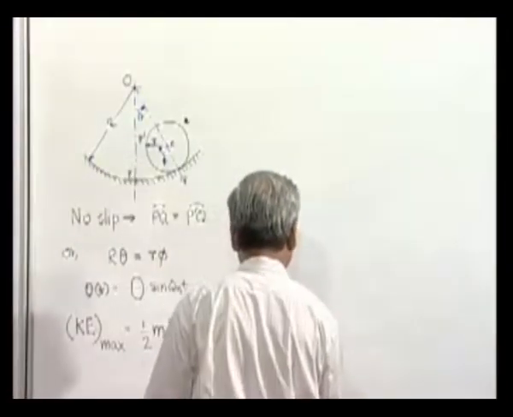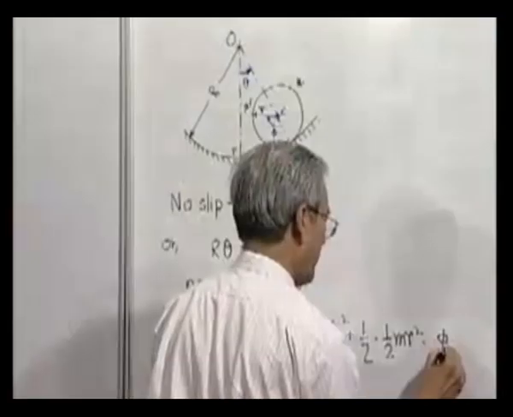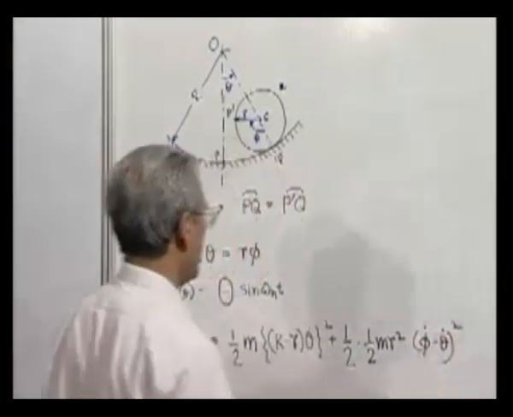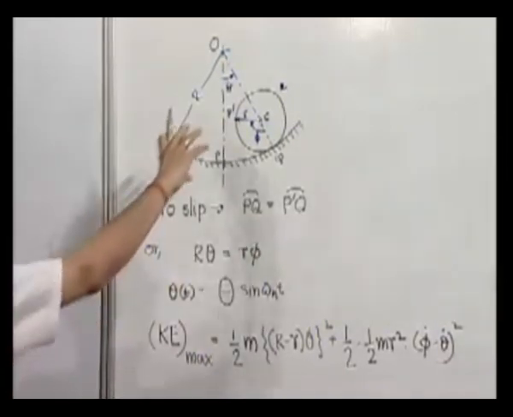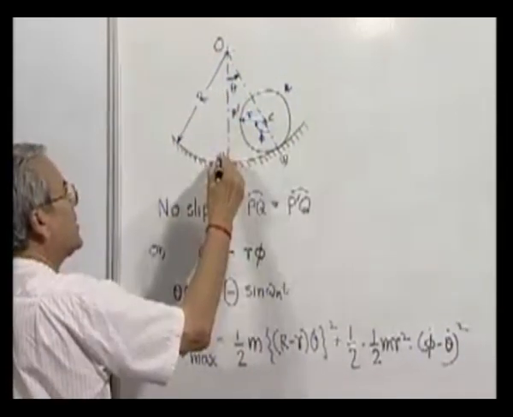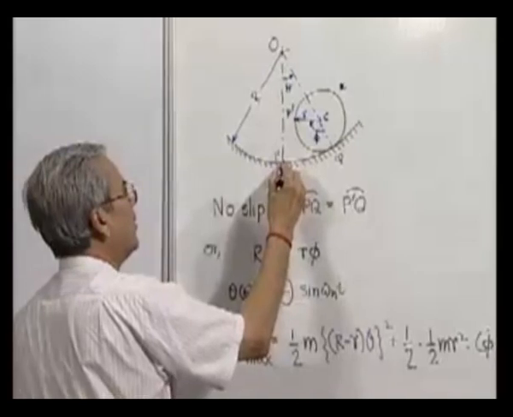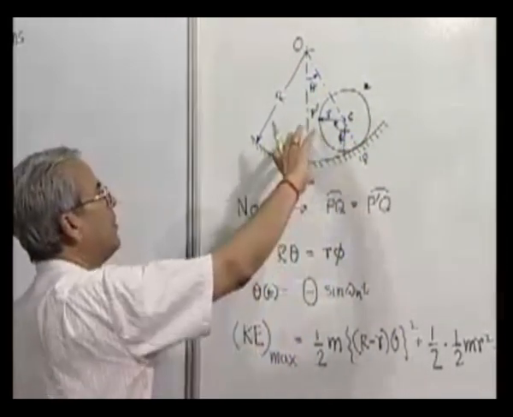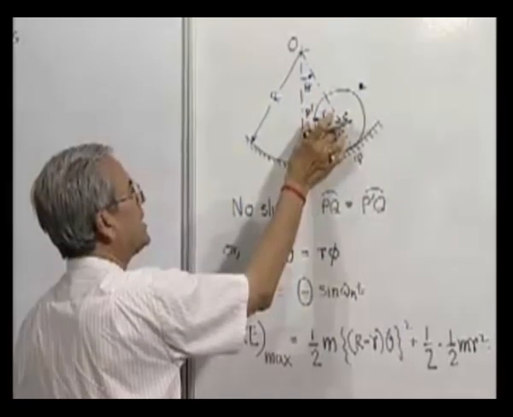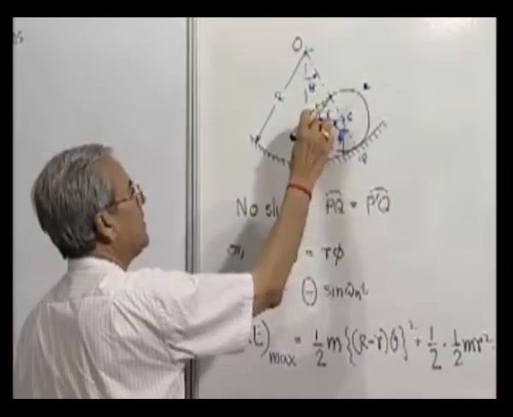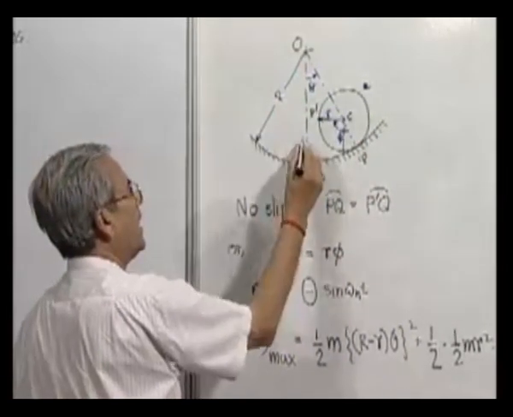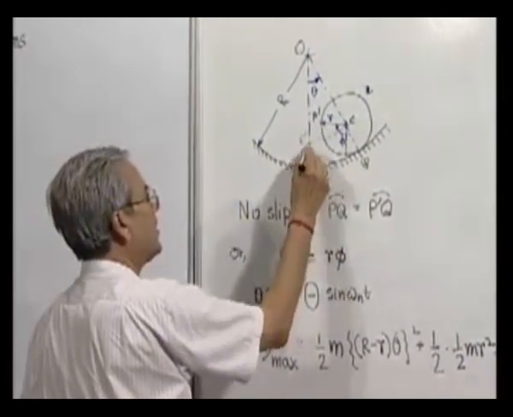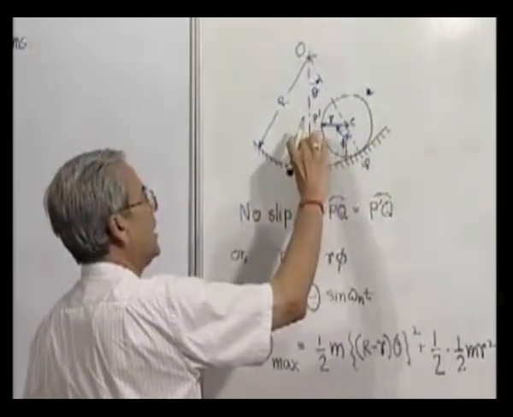So therefore, we have to find out... Now I will explain this a little bit. What is the angular speed of this? Now when it has gone from here to here, what is the amount of rotation? You will find the amount of rotation is given that originally this radius, for example C prime, was vertical here, C was here, and this was the position of this radius. Now it is here.